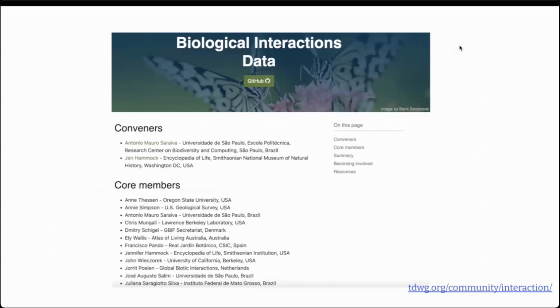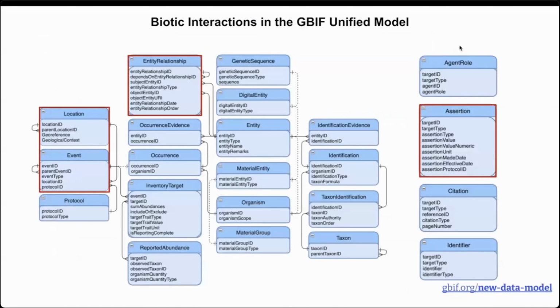None of what I have just said is a surprise to the TDWG Biological Interactions Data Interest Group, who've worked on solutions for sharing these kinds of data using Darwin Core archives. I won't go into all the work done by the Biological Interaction Interest Group here, except to say that their solutions using the Darwin Core events, resource relationships, and measurements or facts are consistent with the events, entity relationships, and assertions of the unified model.